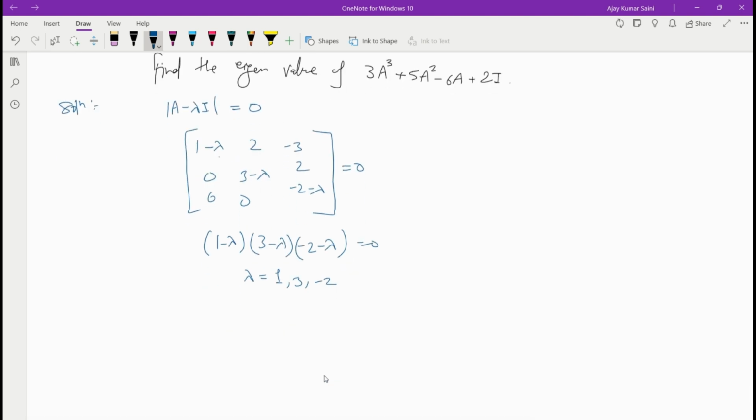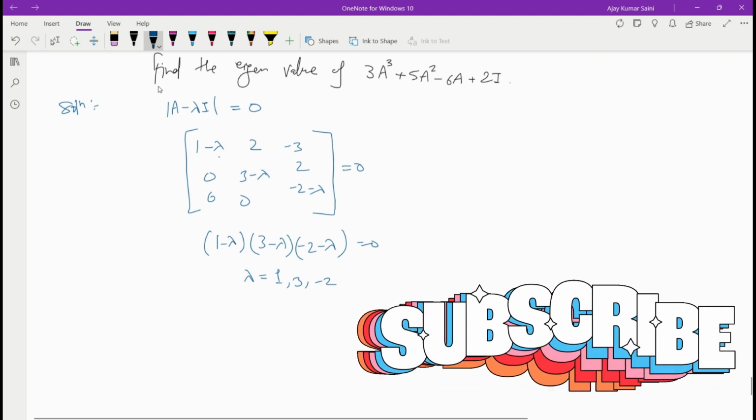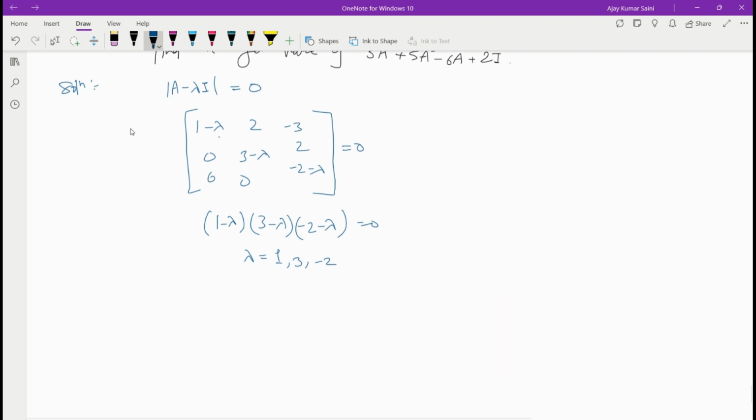Now the main thing is where most of the students make mistakes. The eigenvalues of A cube, I can directly do the cube of these numbers: 1, 27 and minus 8.